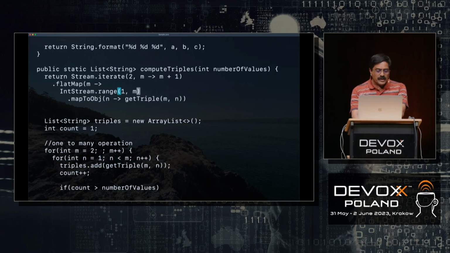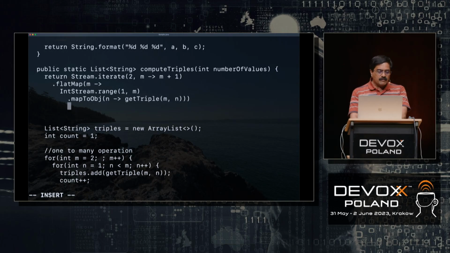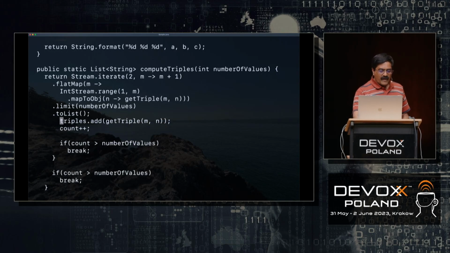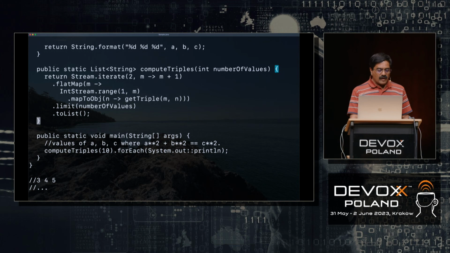Then what are we going to do? We are really interested in all those values, but we only want a certain number of values, so we can do a .limit, and the limit is going to be the number of values we want. And at this point, we can simply say collect, and we can simply collect it to a list in this case. We can simply say toList, if you will, and that gives us a list of all those values, and we can get rid of that giant code.